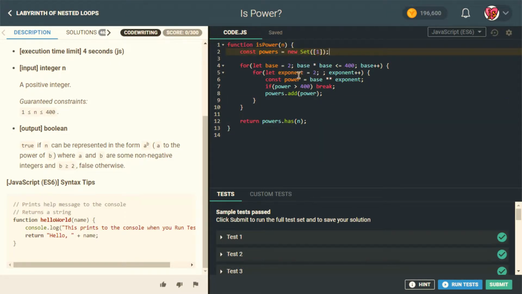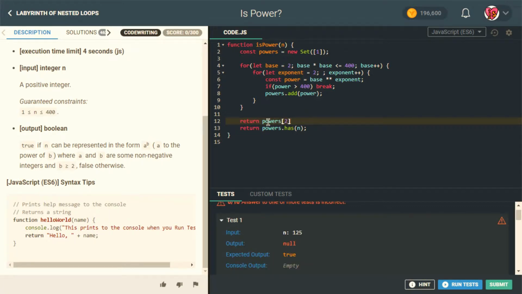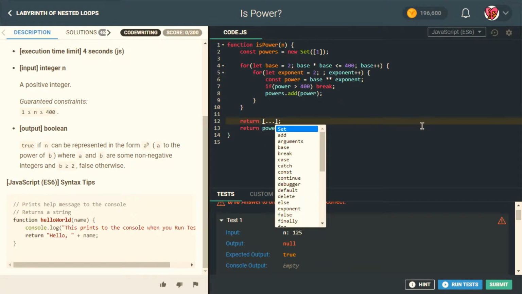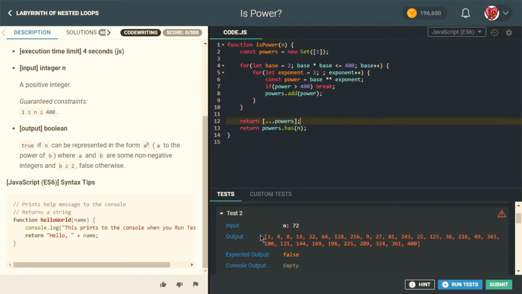The other thing is, well, hold on a minute. My understanding was that it doesn't have an order, in the sense that we wouldn't be able to do something like powers at 2. But I get the sense that it is an iterable, because we can return an array of all the powers in there. And I guess it's just in the order that they were found.